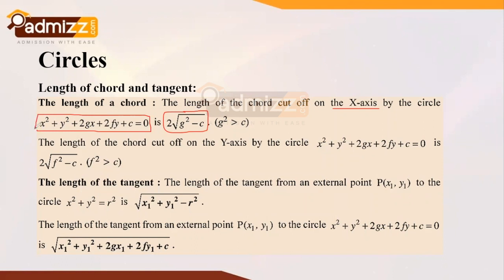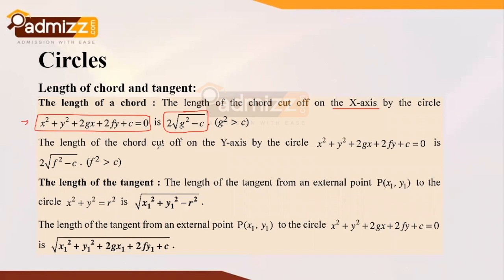You need to either transform that equation into the form x square plus y square plus 2gx plus 2fy plus c, and then compute the length of the chord. Otherwise, if the equation is directly of this form, x square plus y square plus 2gx plus 2fy plus c, then you can directly take the values of g and c, substitute those values, and compute the length of chord.